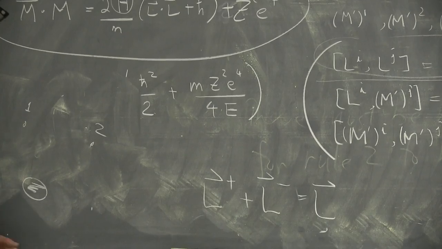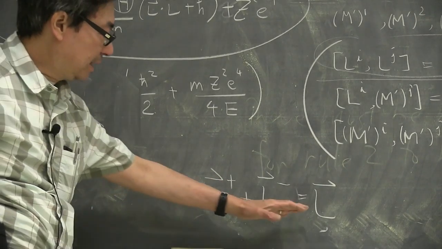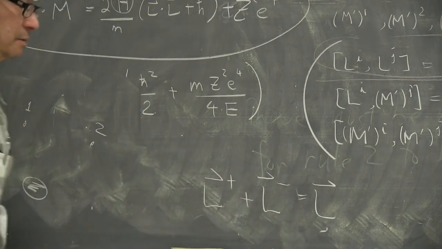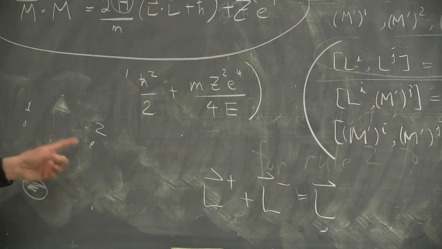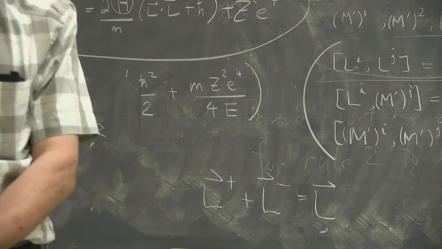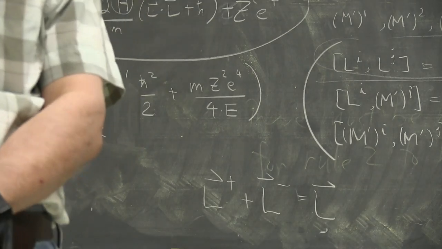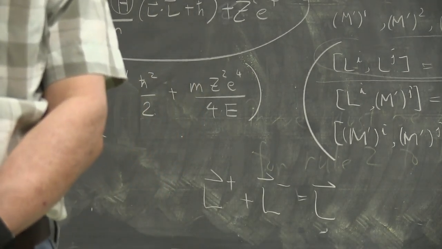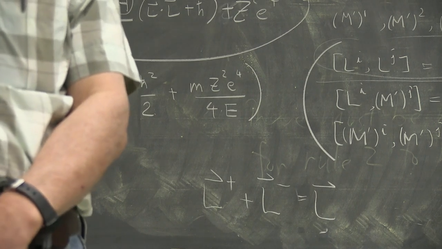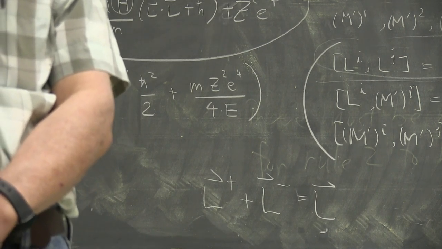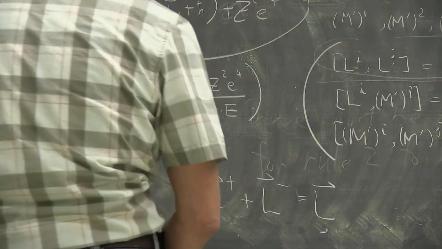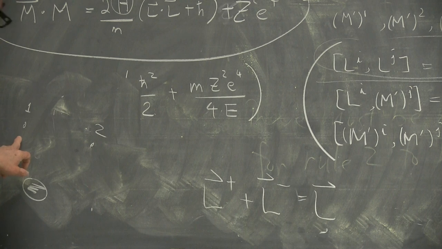Well, the question is, what are the possible values for the total angular momentum when you add these two together? Do you remember how to do that? It's a very simple procedure. The sum of them with the difference. How many possible values are there, first of all? There are many different possible values depending on the actual values of the angular momentum that you're adding together.